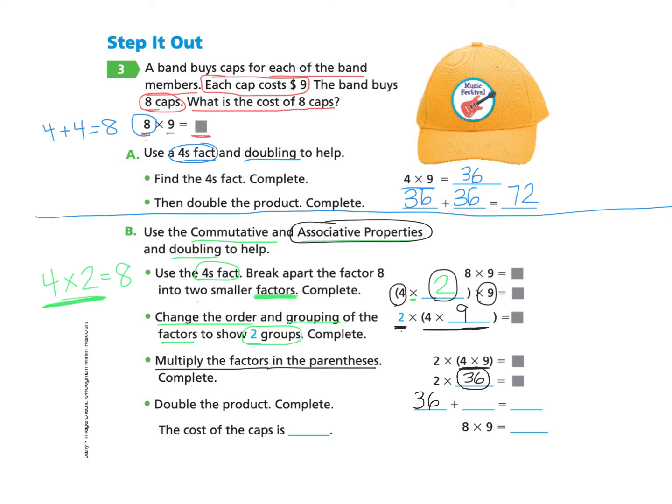And so we would write 36 plus 36, which we've already done once before, and that gives us the answer of 72. So the cost of the caps is $72. We'd put a dollar sign in front of this. And again, we'd finish out our equation as well here.